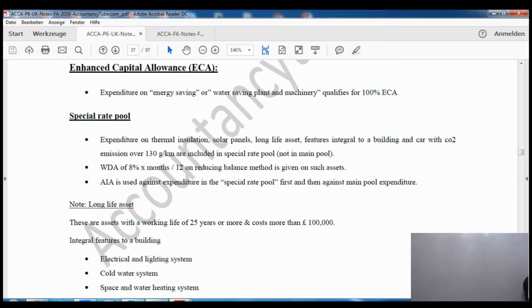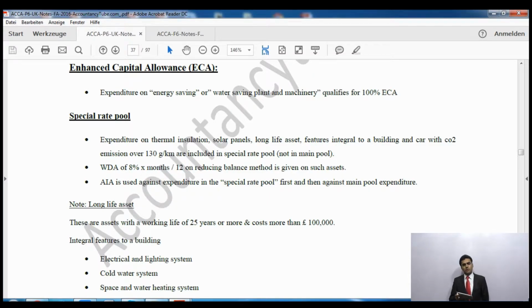Next one is enhanced capital allowance. Expenditure on energy saving or water saving plant and machinery qualifies for 100% enhanced capital allowance. So it will be 100% on two things, the first one is energy saving and the second one is water saving plant and machinery.